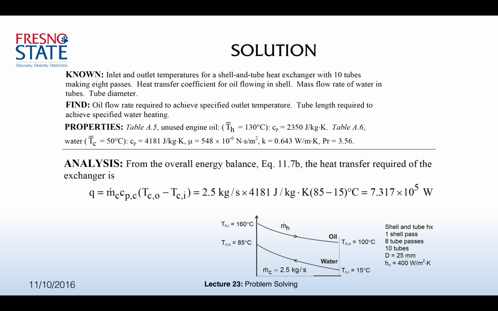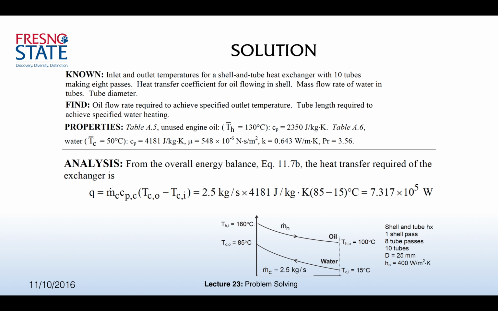So I have 7.317 times 10 to the 5th divided by Cp for the oil, for the hot fluid, and we found that to be 2350 joules per kilogram Kelvin, divided by the temperature difference for our oil, and that would be 160 minus 100, so that's 60 degrees or 60 Kelvins, and therefore the mass flow rate for our hot fluid m dot h is going to be equal to 5.19 kilograms per second.